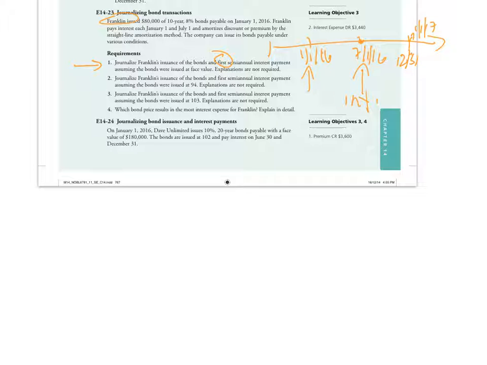Now again, this is a situation where it's at face. Issuing at face means that the contract rate, or 8%, is equal to the market rate for similar investments outside in the market.